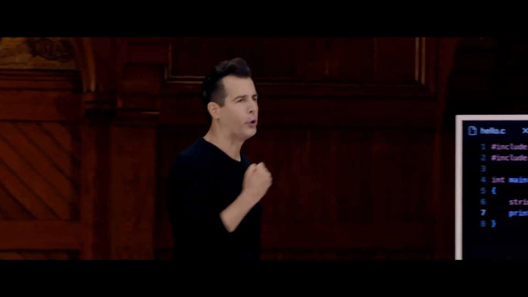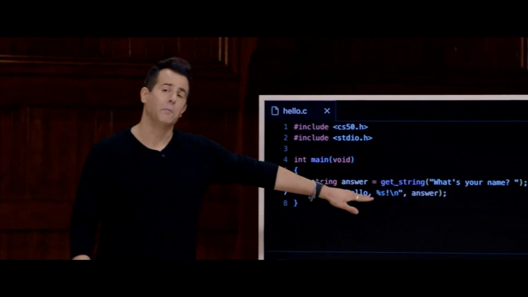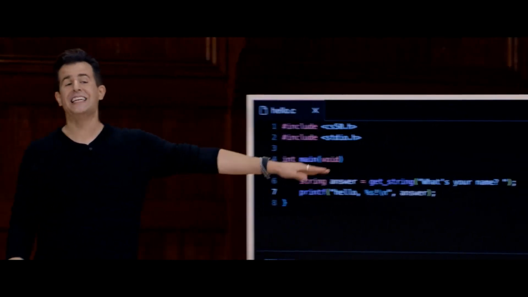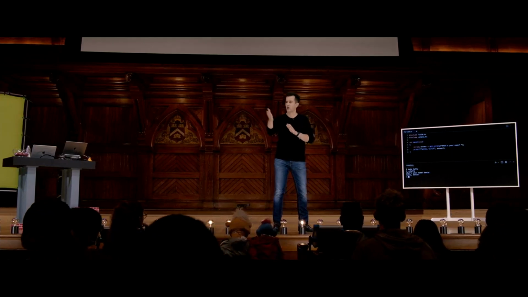Now, let me propose that a common thing in programming is that as soon as we make a decision as to how to design something, we often paint ourselves into a corner and sort of regret a decision. Can anyone think of a problem that arises from using %s as a placeholder in this string to printf? What could go wrong if we're using % in this special way?